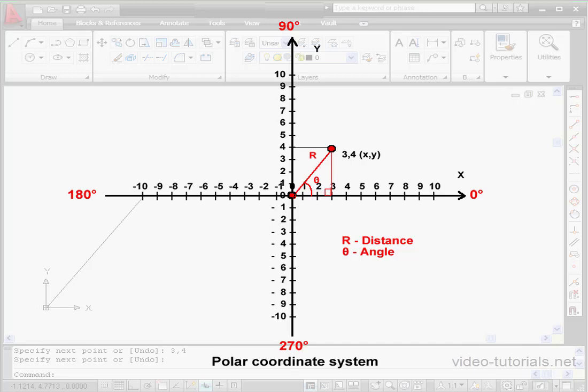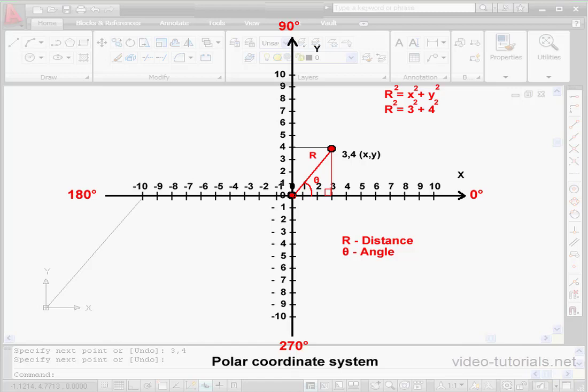Let me take a moment to recap some basic geometry. Pythagorean theorem teaches us that r² equals x² plus y². In other words, the hypotenuse squared equals the opposite side squared plus the adjacent side squared. In our case, the opposite distance is 4 units. The adjacent distance is 3 units.